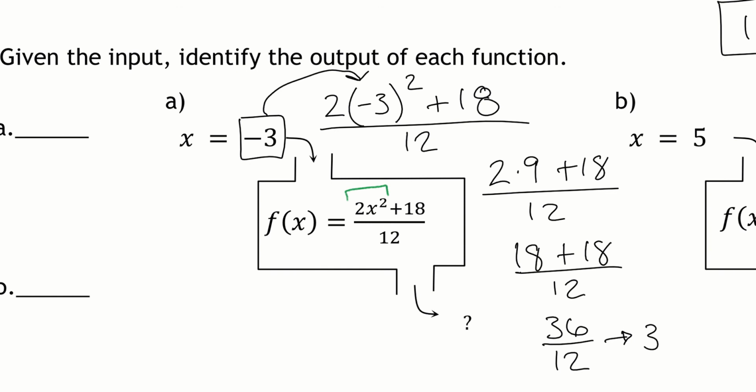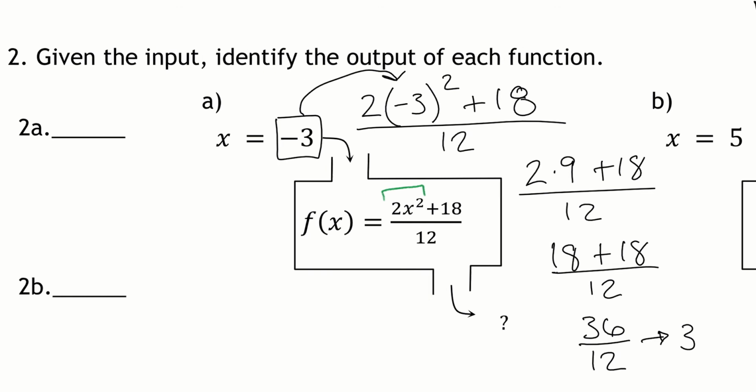I know a lot of you will do the 2 times 9 and then see the 18 and make it 36 and divide by 12 all in one step. If I produce a record of it the way that I've done here, I'm likely to look at that and maybe convince myself I did something wrong. So anyways, when I put -3 into that function, it gives me a +3 back as the output.